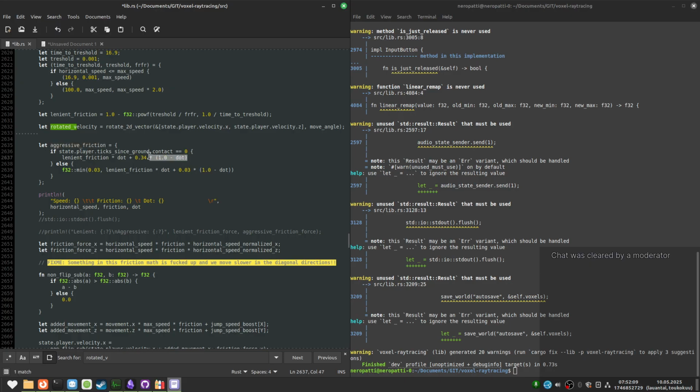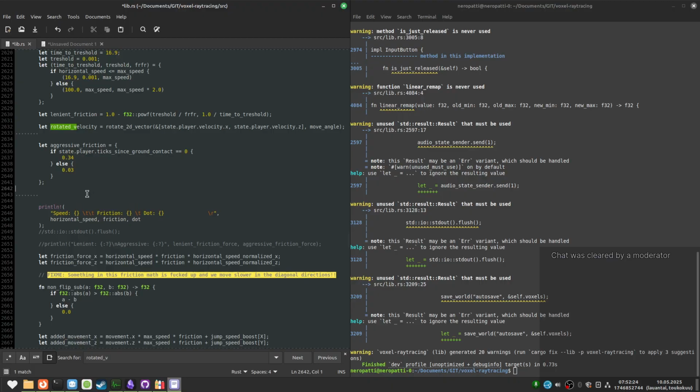And then this is gonna be just this. Friction is not really a thing, we just have that and that. I'm gonna print the lenient friction in here.